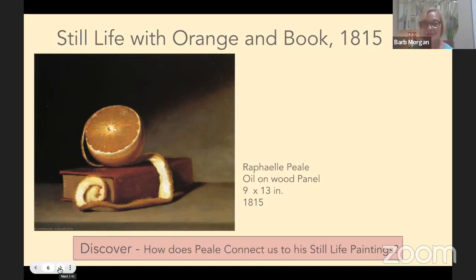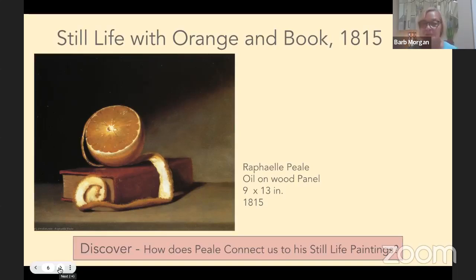This one just truly fascinated me when I saw it. It's owned by the Philadelphia Museum of Art, but the juxtaposition here of that orange with the book really piqued my interest. So when I saw it, I thought, I have got to learn more about this painting and see why in the world he would put an orange on a book.